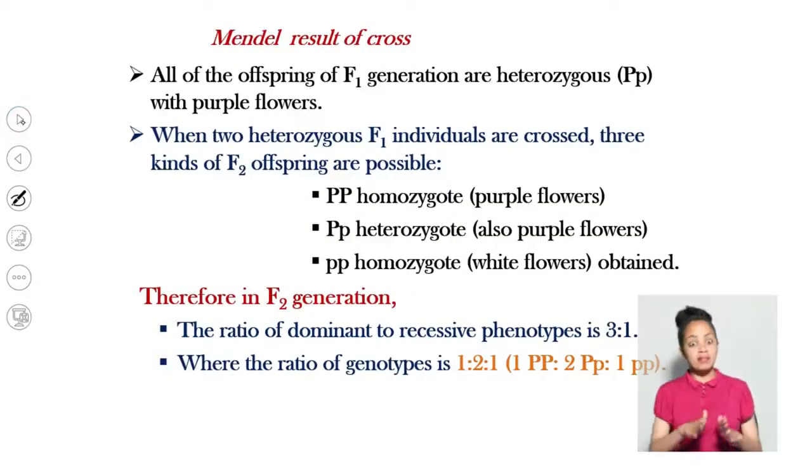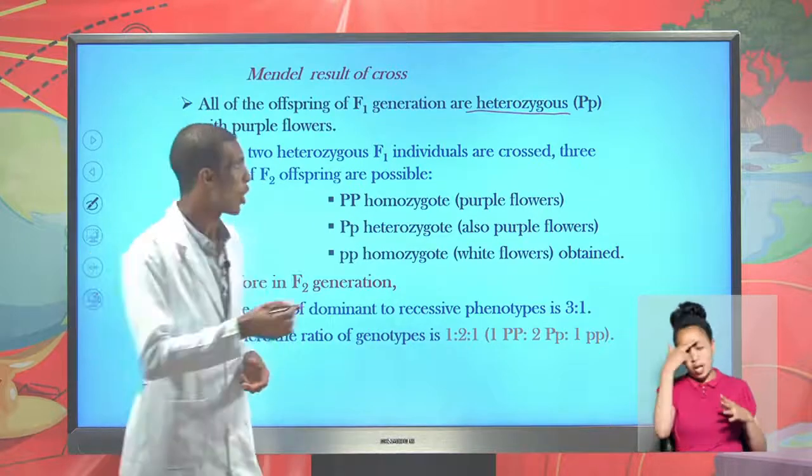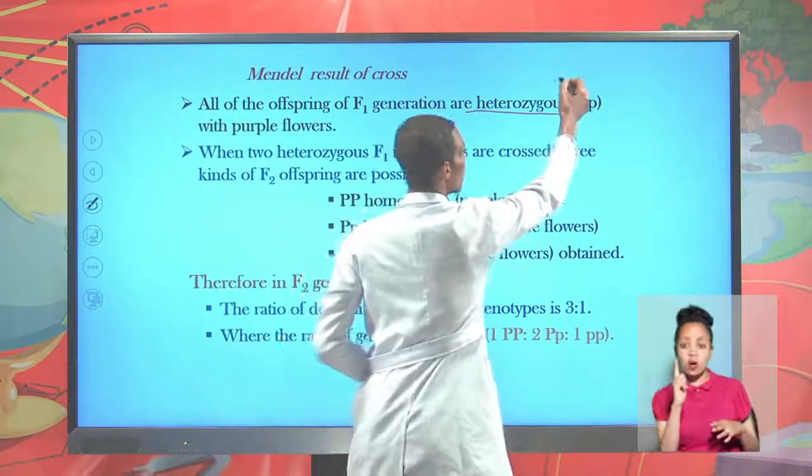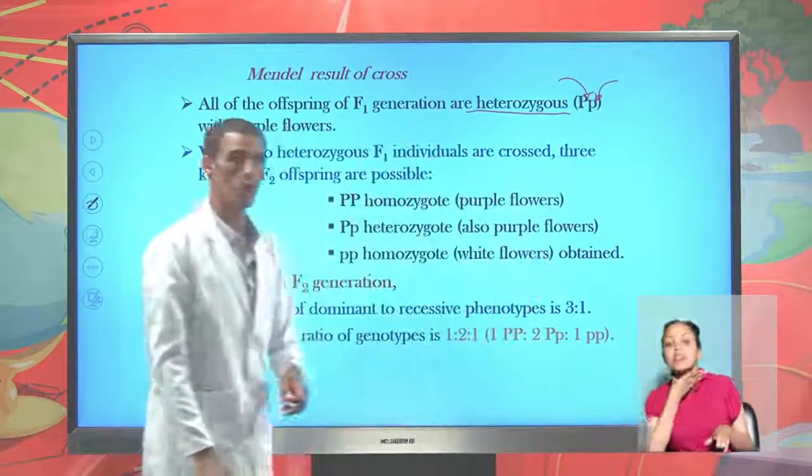As a result of this cross, all offspring of the F1 generation become heterozygous. You can call it a hybrid, because one trait comes from the purple one and another trait comes from the white one.